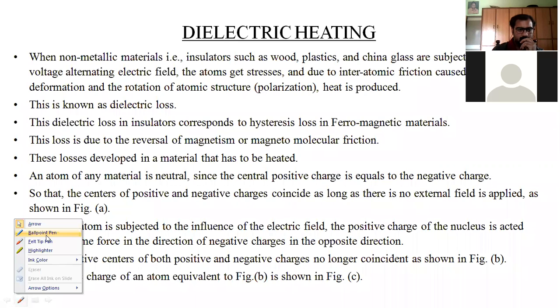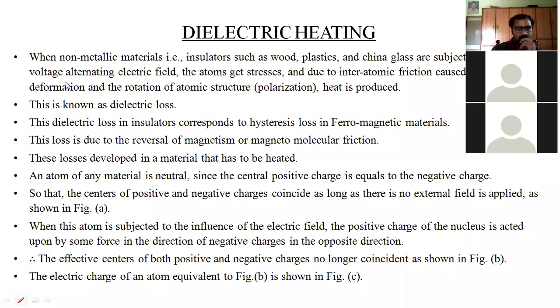Let me take the pen. Here we are going to subject the material to a high voltage and alternating electric field. These are the external sources, the external field we impose on the insulating materials.